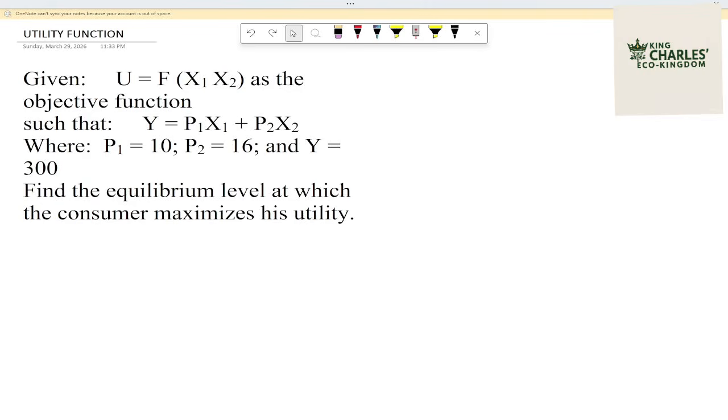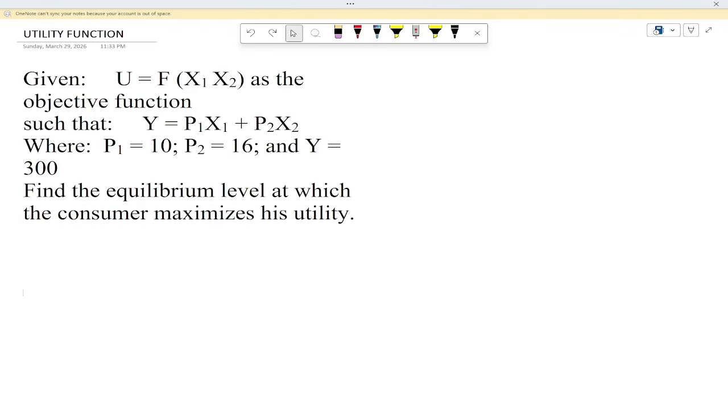So today we want to solve this utility function. Supposing you are given a function like this, u is a function of x1, x2, and it is the objective function which is subject to y equal to p1 x1 plus p2 x2, where p1 equal to 10, p2 equal to 16, and y, which is income, equal to 300.